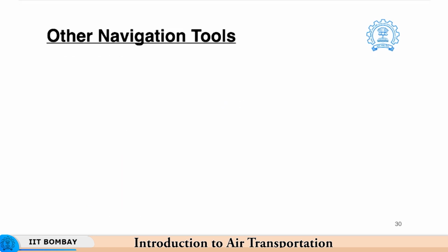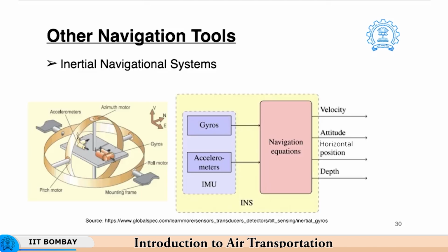Apart from DME, there are many other navigation tools that are used to carry out navigation. First and foremost is called the inertial navigation systems. Now these type of navigation systems came into picture when there was a requirement to carry out navigation on a transatlantic flight.